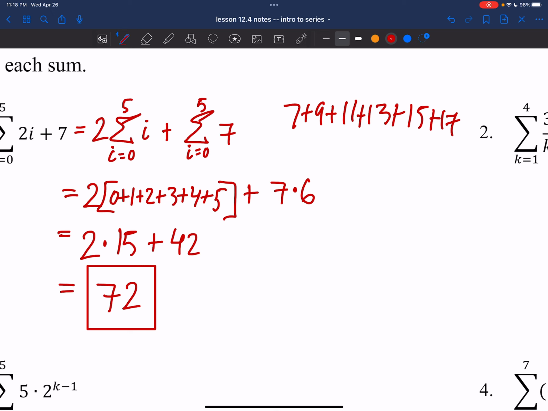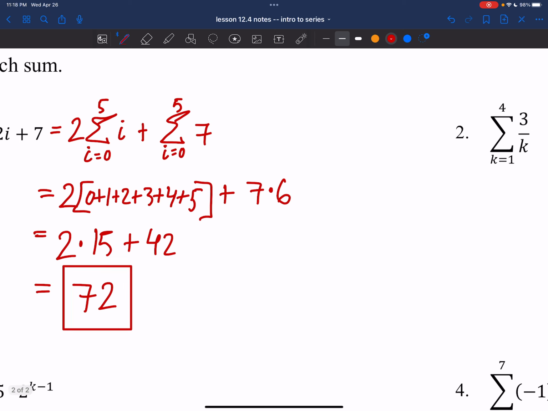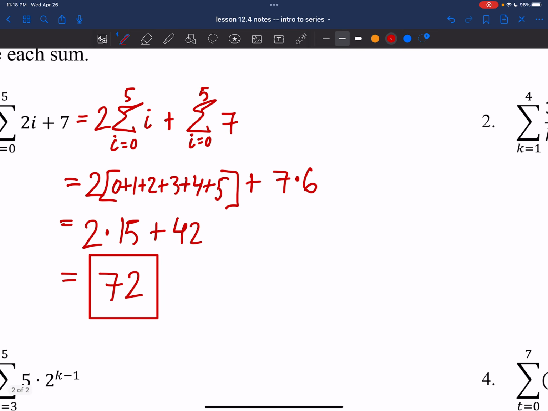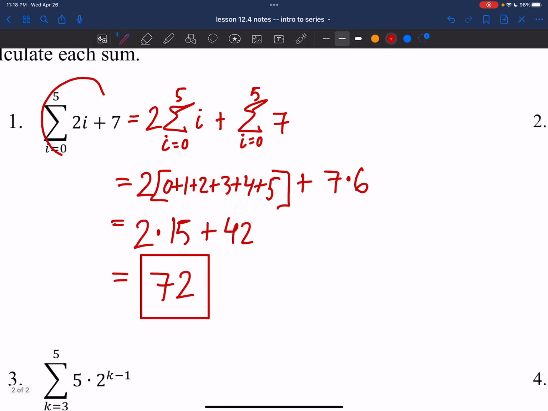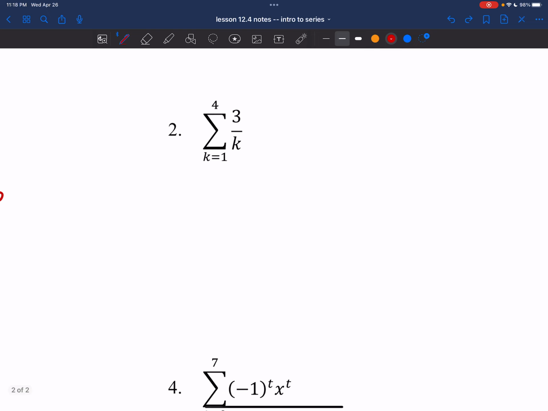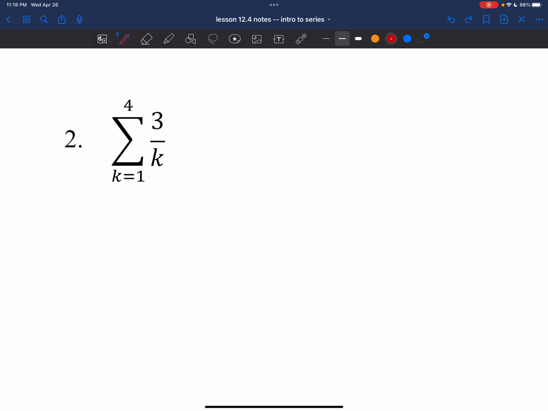I don't want to do that. I actually think that using the summation property is a lot easier when you don't have a calculator. You might say, well, why can't I just use a calculator? Well, a calculator can already do this. So there's not really a point. Okay, so let's do the next one.